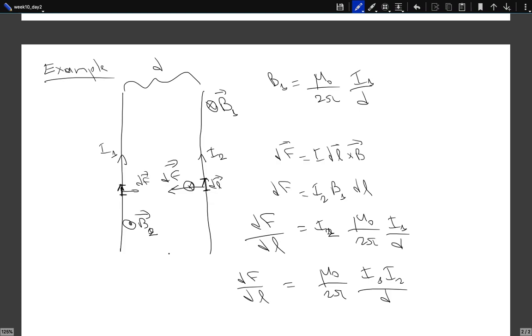Well, this is also consistent with Newton's third law. If wire 1 exerts a force on wire 2, then wire 2 should exert a force on wire 1 equal in magnitude, opposite in direction. So that's what we actually see. So if we change the direction of the currents, what will happen?